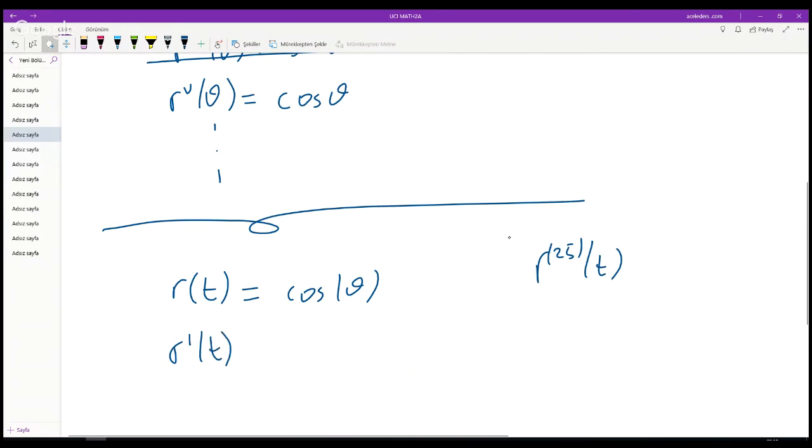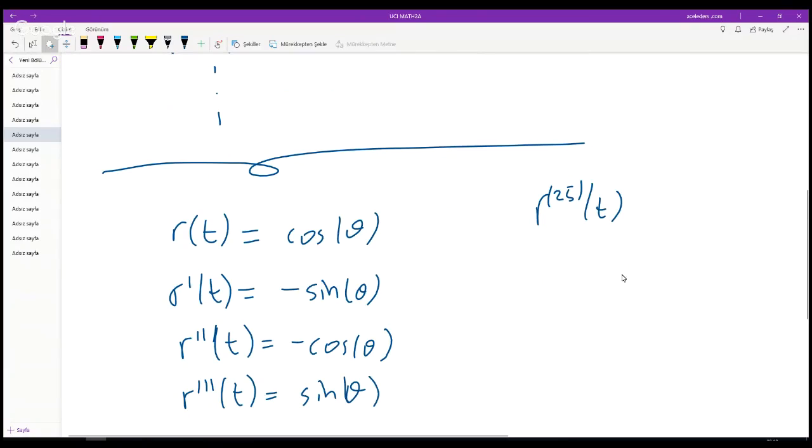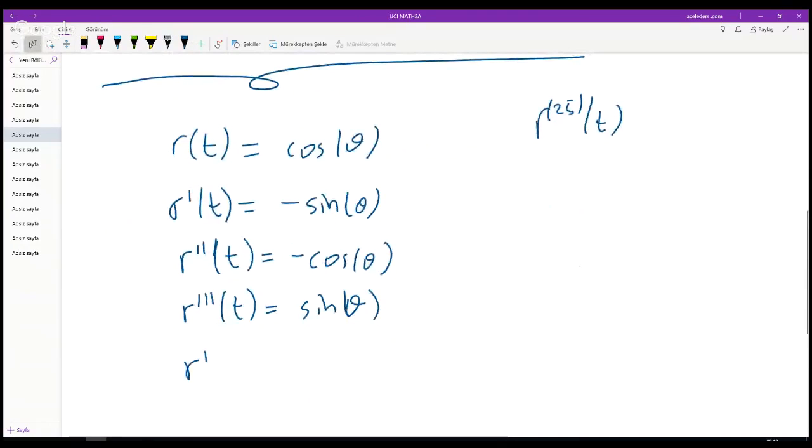So let's find out. R prime theta is minus sin theta. And the second derivative is minus cos theta. And the third derivative is sin theta. And the fourth derivative is cos theta.